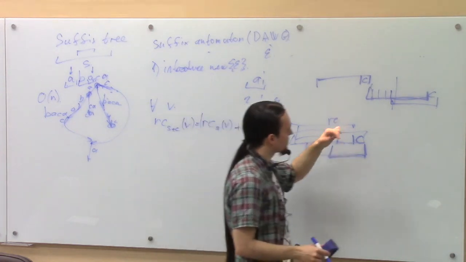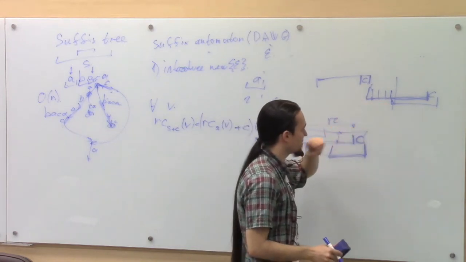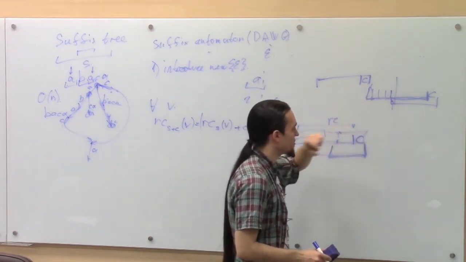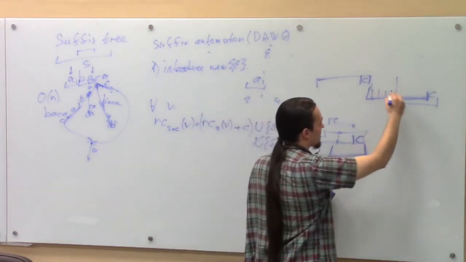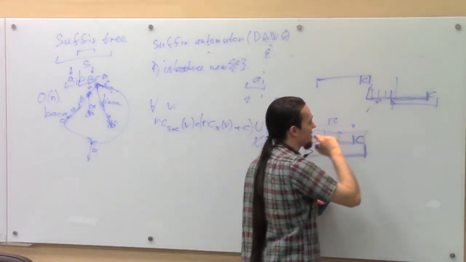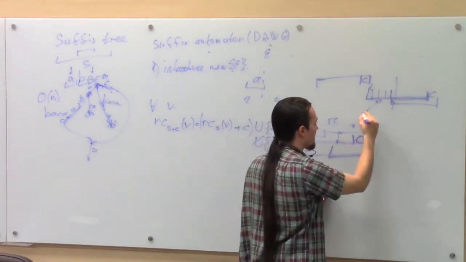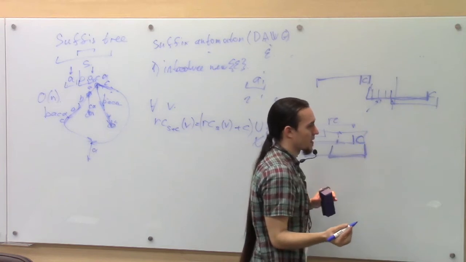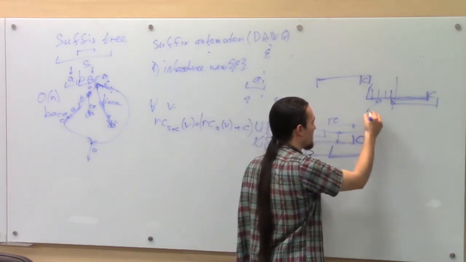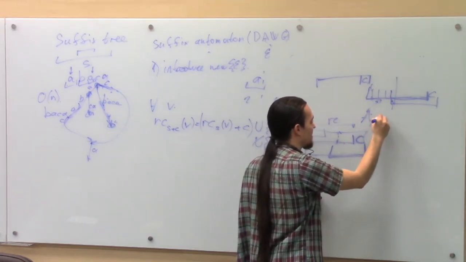And since these are equivalent, they are equivalent in the original string. Let's look at the state. We have, let's say, the smallest suffix and the largest suffix, a capital and a small.